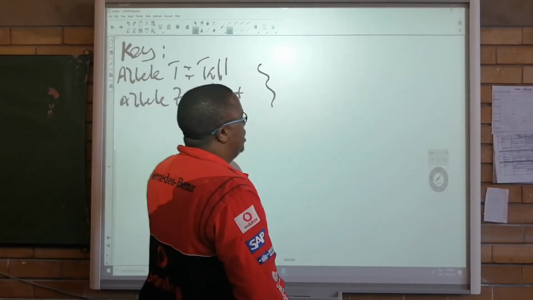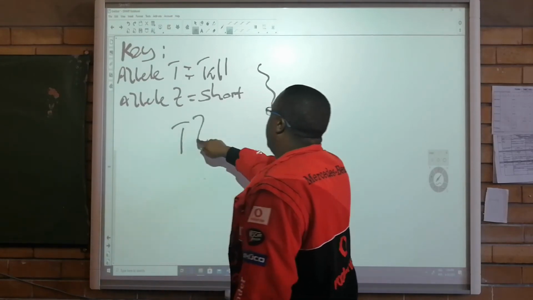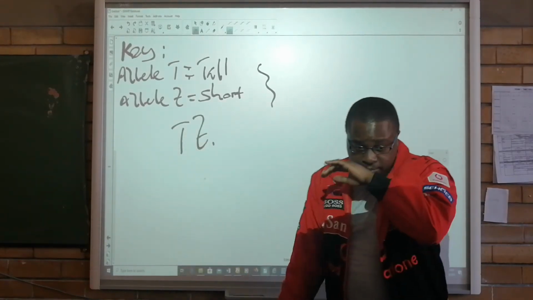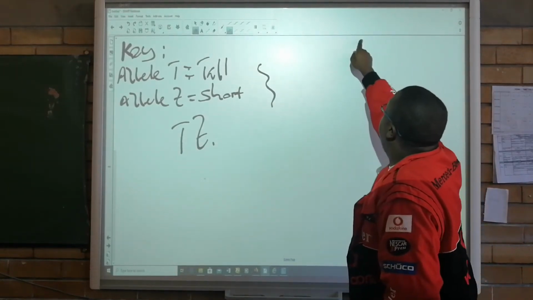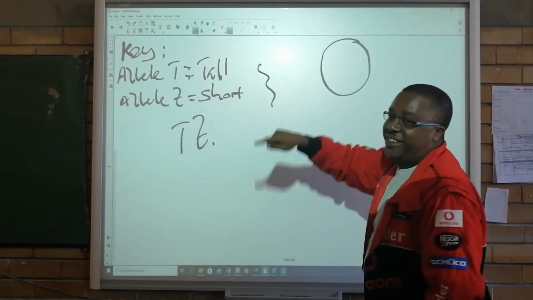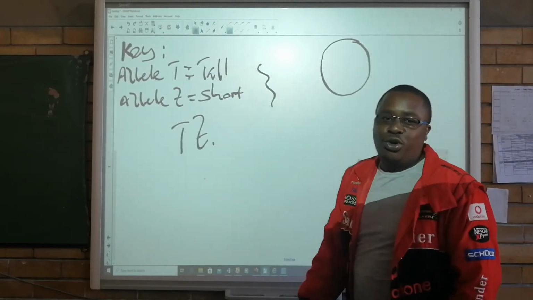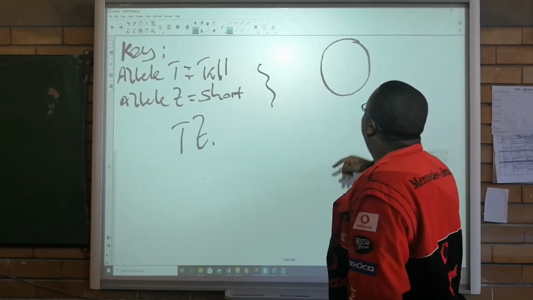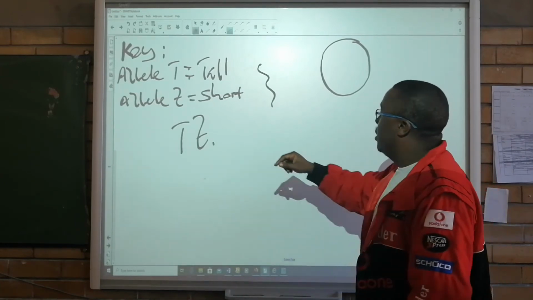If we walk with this, what is the genotype that we're given? That's our genotype. Right. So we know that our cell at the beginning has this.